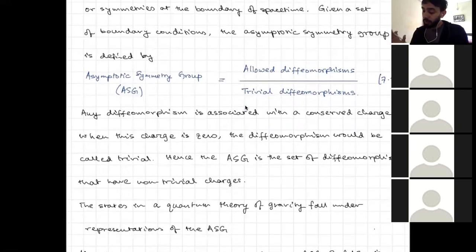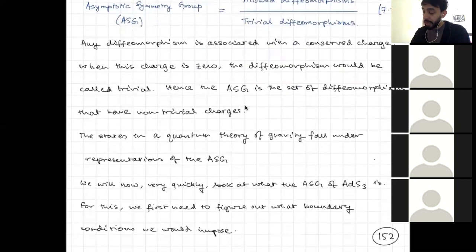Now what is important is that the states of the quantum theory of gravity that we are going to define will fall under representations of this ASG. Now what we will very quickly do is look at what the asymptotic symmetry group of AdS3 is.